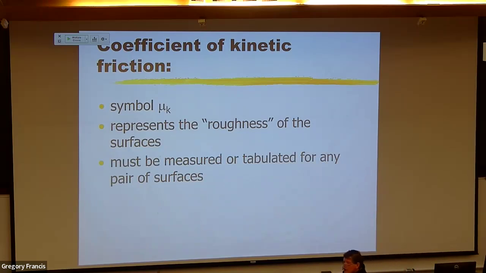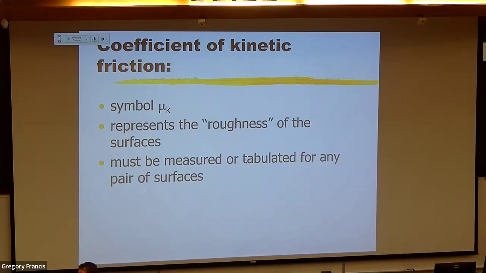That means there is no supercomputer in the universe powerful enough to calculate a coefficient of kinetic friction. Some poor engineer has to measure it for every two surfaces, hockey puck on ice, and then sandpaper on wood, and then this kind of sandpaper on this kind of wood.